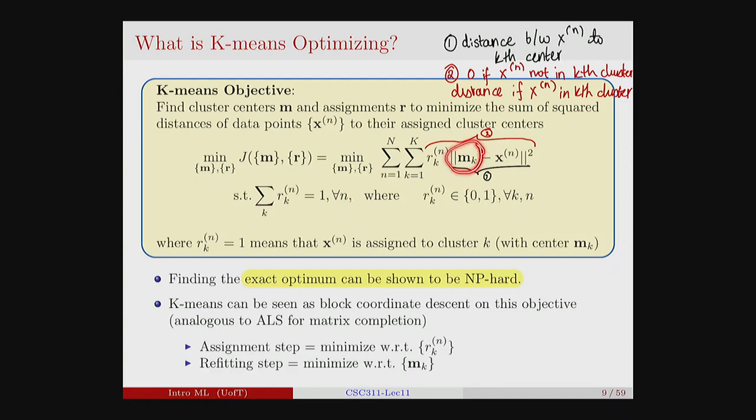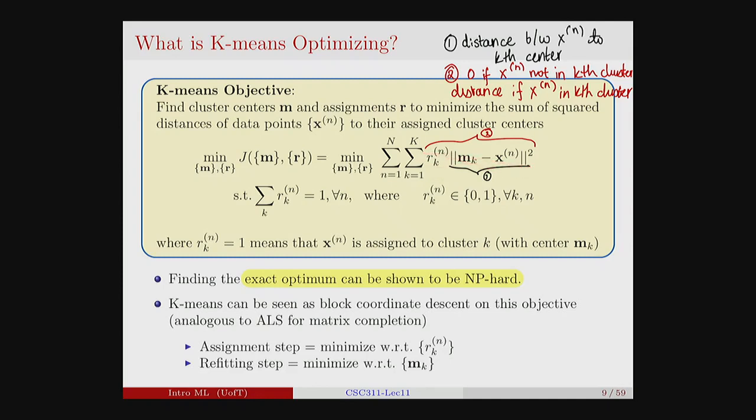It's the distance between m_k, the cluster center for the kth cluster, and x_n. This r term can take two values. It is going to be 0 if x_n is not in the kth cluster, and so this term doesn't matter.